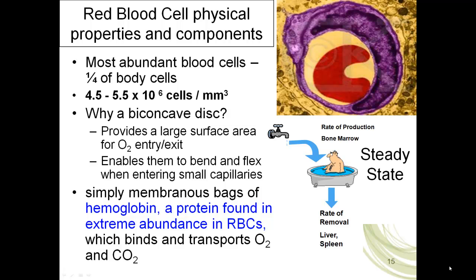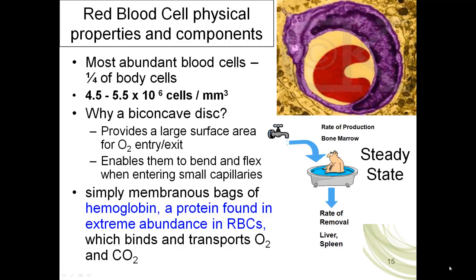And it's hard for students to even comprehend that in that tiny little dot, you would count about 5 million cells. So we have about 4.5 to 5.5 million, 10 to the 6 is million, cells per cubic millimeter. And another way of saying cubic millimeter is microliter. So it's daunting to think of.